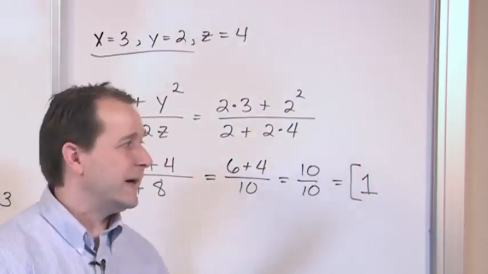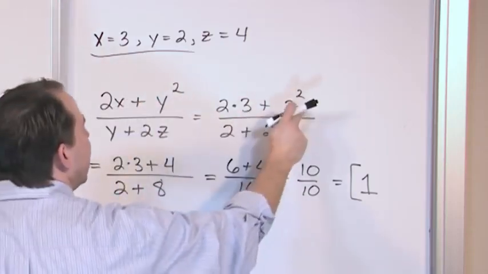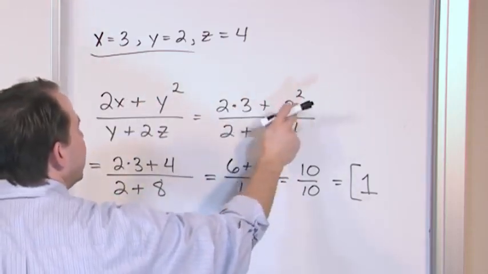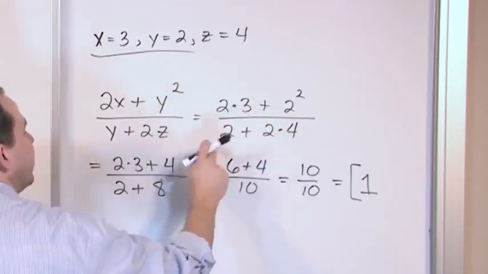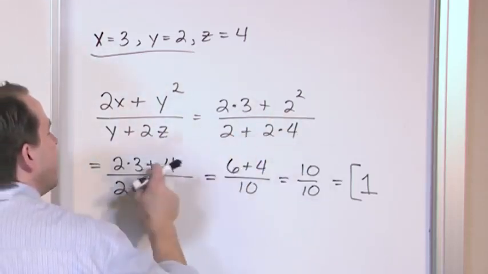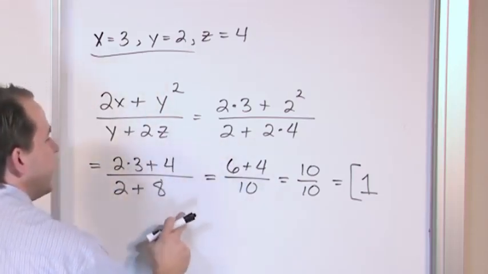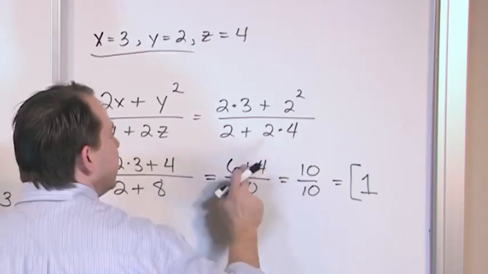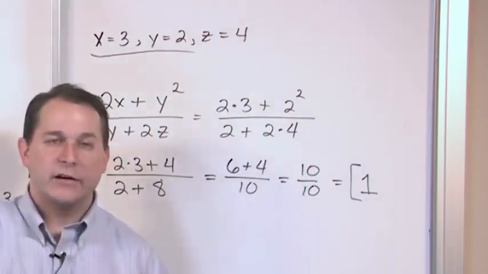And that's just the way it is. So once we put everything in here, we realized the exponent was most important on the top, so we did that. And on the bottom, the multiplication was more important than the addition, so we did that. And then when we got to this step, the multiplication was more important than the addition, so we did that. And we did this addition on the bottom, and then this addition, and then the division. So that concludes this section.